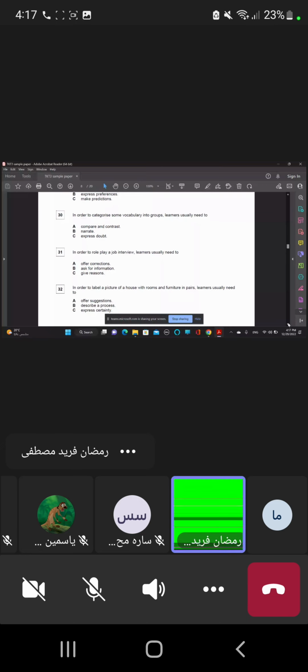Of course. Express doubt. We're not sure if this is the correct word, or suitable to be under that category. Yes. Narrate means to tell a story. Of course, that is very far, it has nothing to do with grouping words.